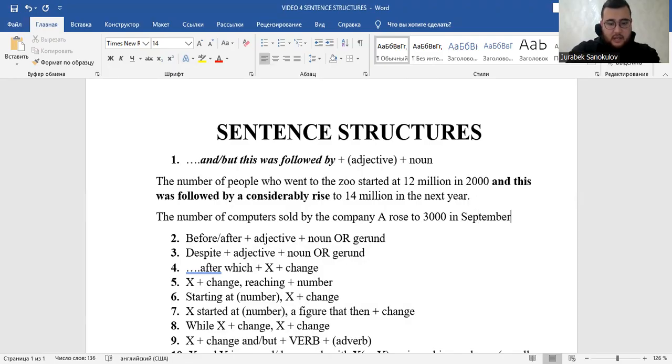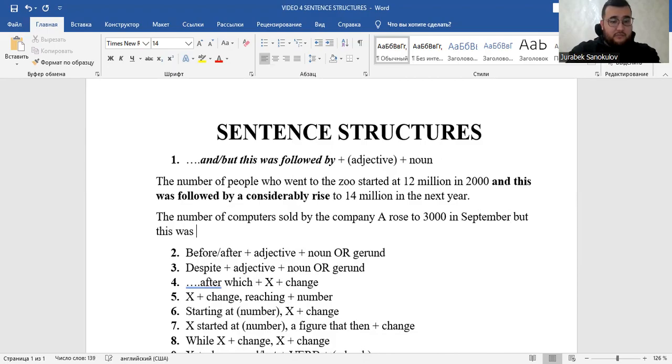But this was followed by a slight dip. Dip basically means to drop. By a slight dip, or let's just say fall or drop to 2,700 in October.